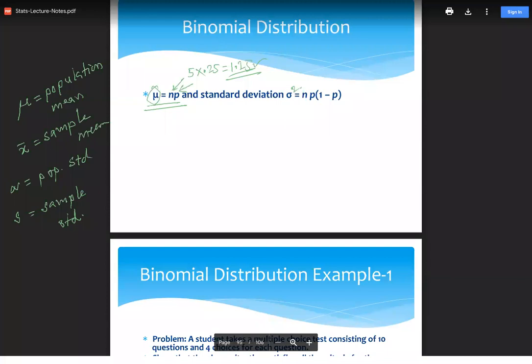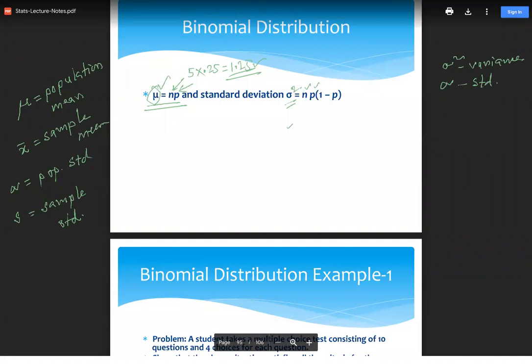So population mean mu is np, and population variance sigma square is variance, and sigma is standard deviation. All right. So sigma square is n times p times 1 minus p.